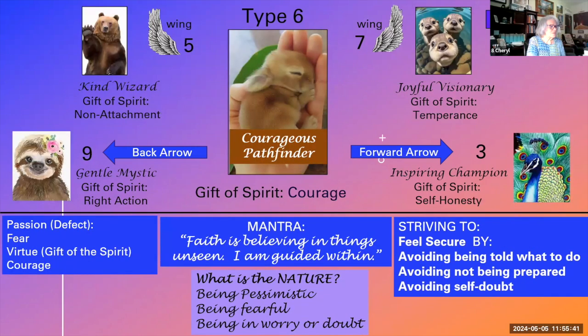Then for the 6, was I being pessimistic, fearful? Was I being in worry or doubt? Once again, the definition for fearful is that it triggers that fear response in me. I'm anxious enough that I've triggered this fear response.